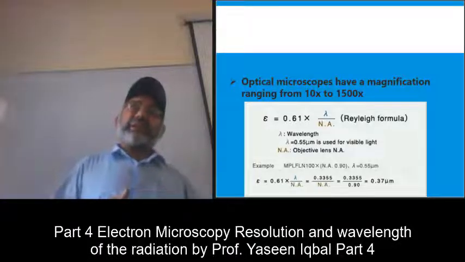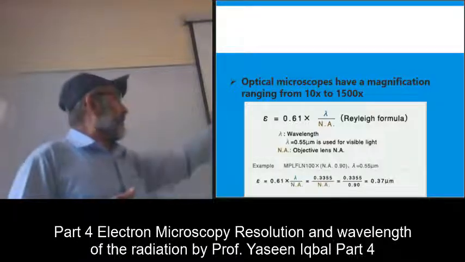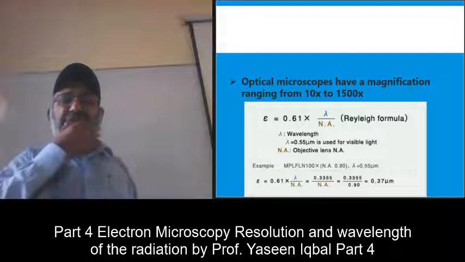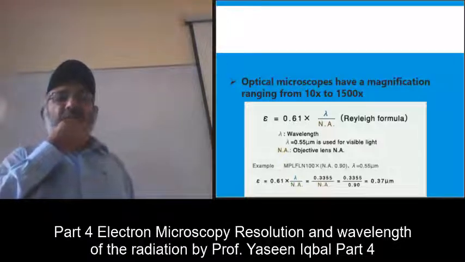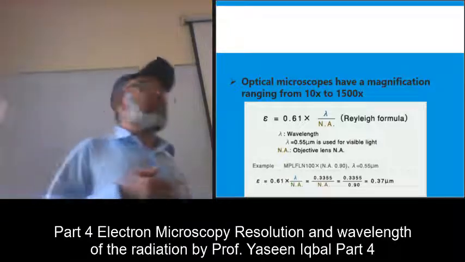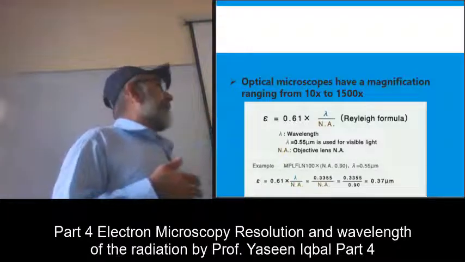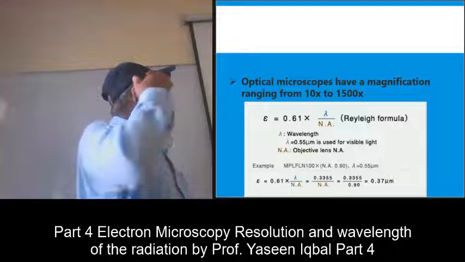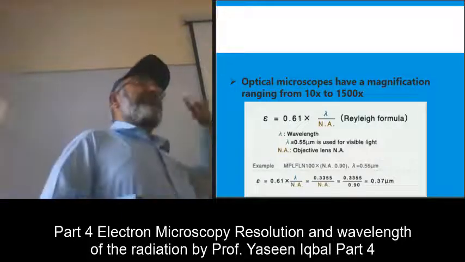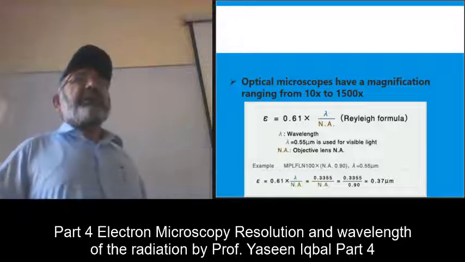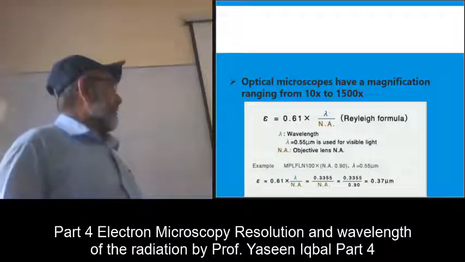But if it is below that, then you can't do it with this equation. So the resolving power, or the resolution, is determined by 0.61 times lambda of the relevant radiation you are using divided by the numerical aperture.